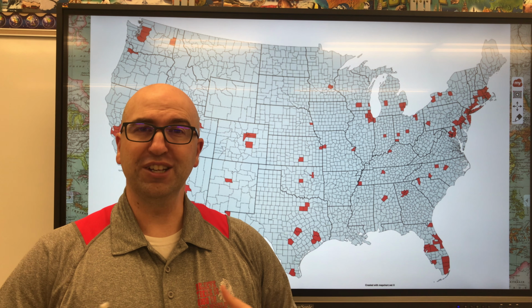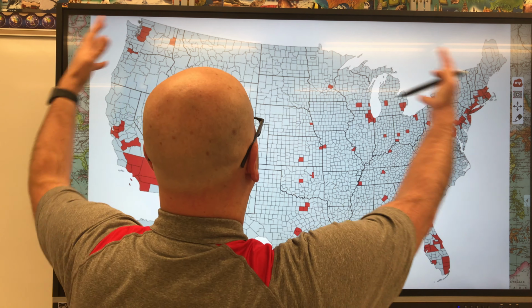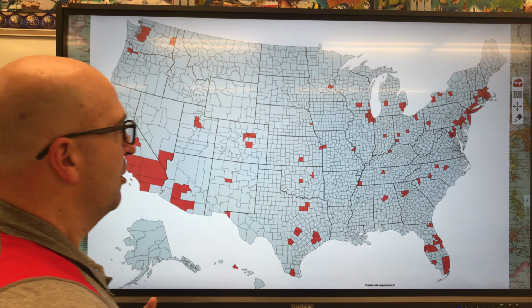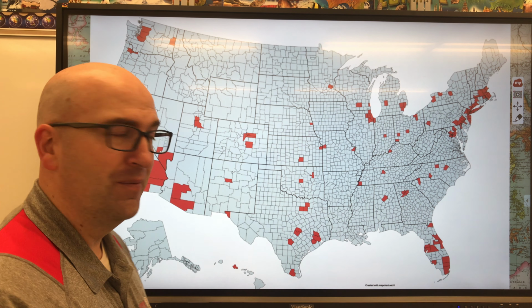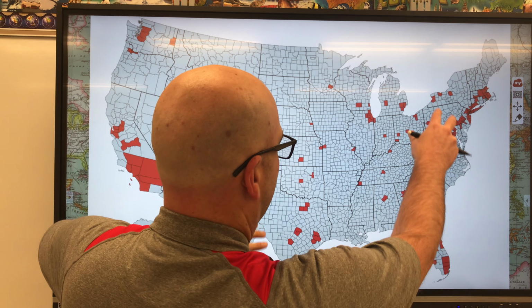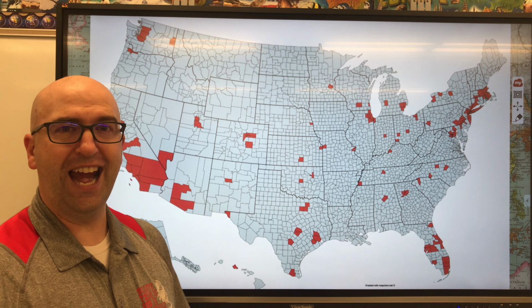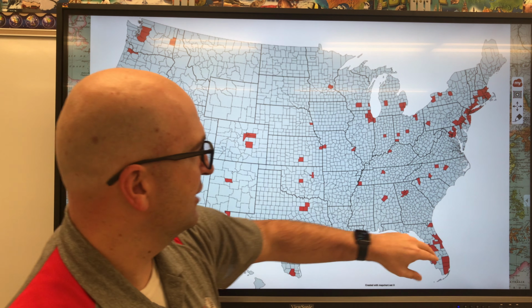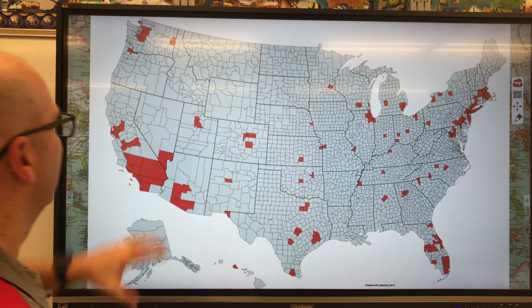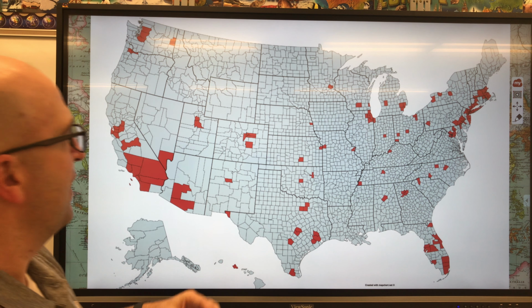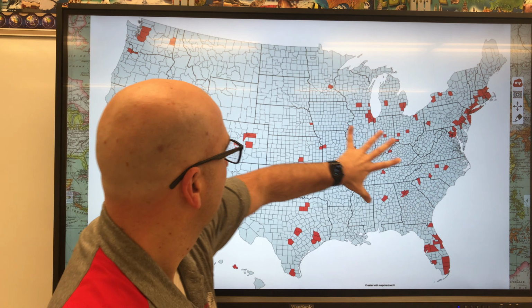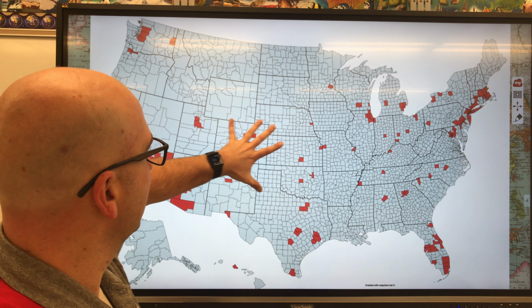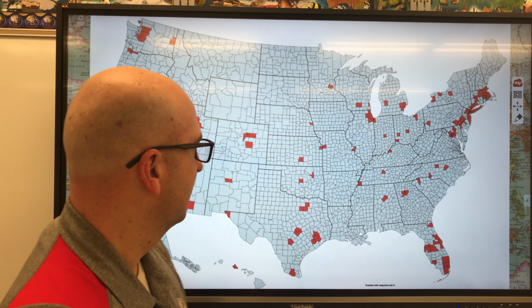What it's really showing is we have a big country in the United States, but a lot of our population is living in just smaller areas. You can see these are the major city areas of our country that are red, and then the other areas are less populated areas as well.